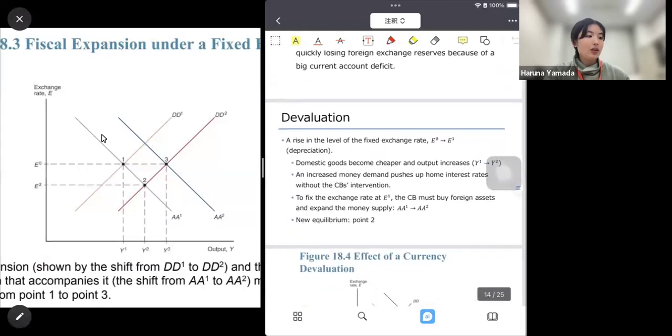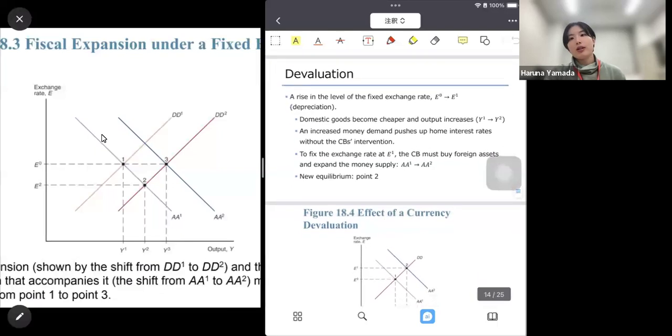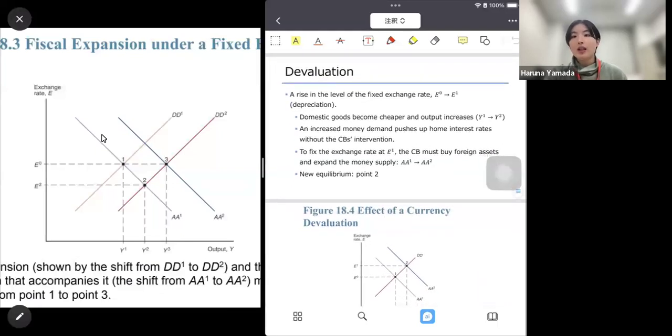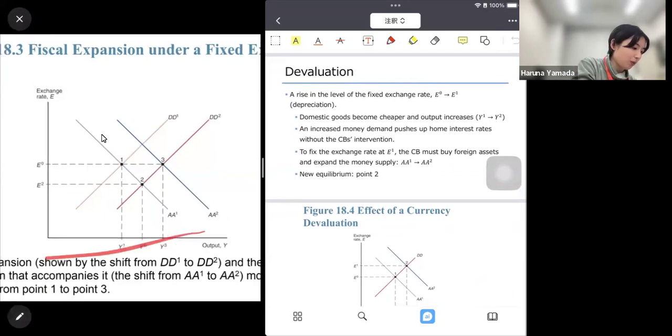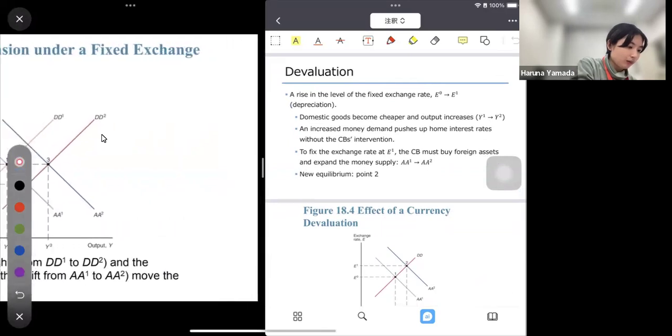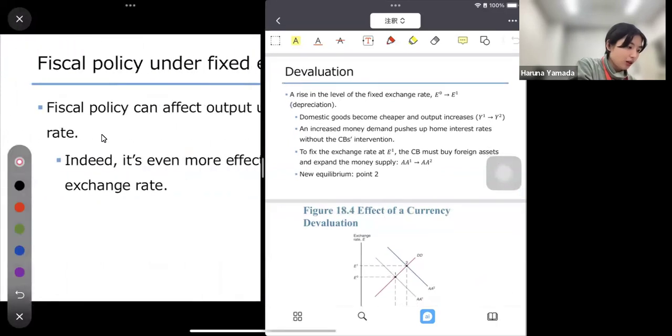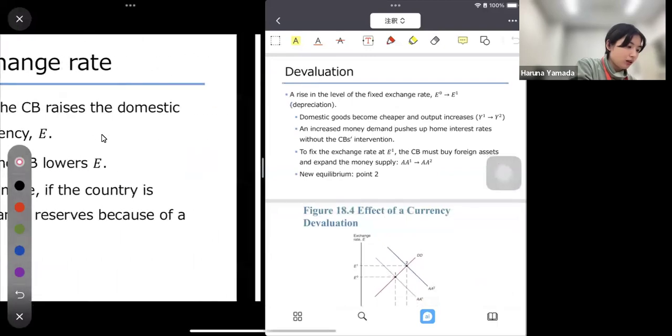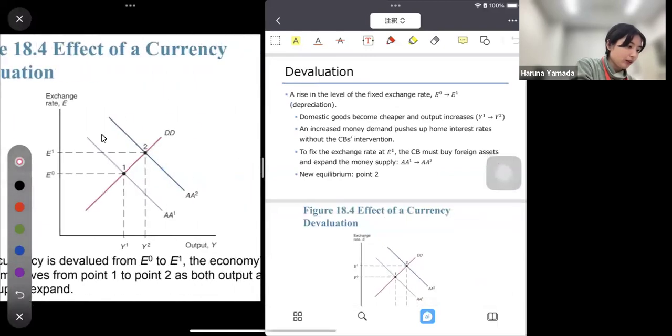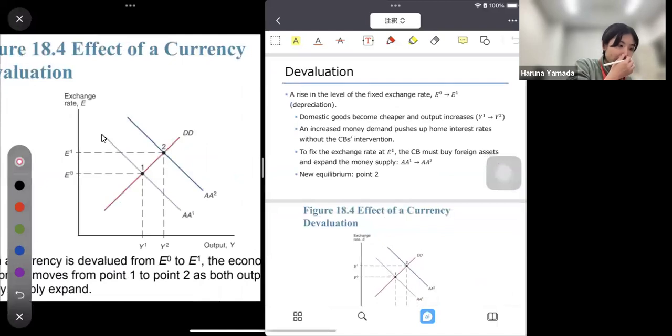Okay, so now consider the effect of devaluation on the economy. Suppose a rise in the level of the fixed exchange rate from E0 to E1, which is called depreciation. Oh, sorry. So this is the graph of devaluation.